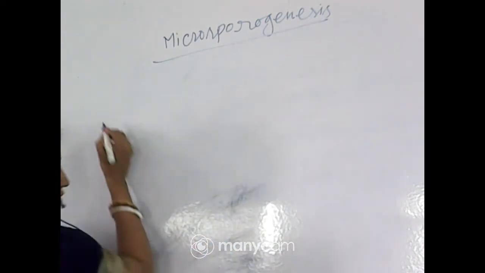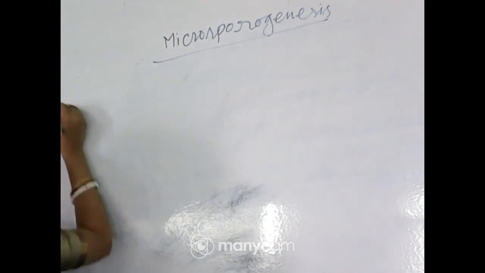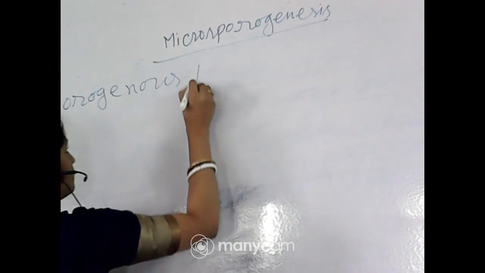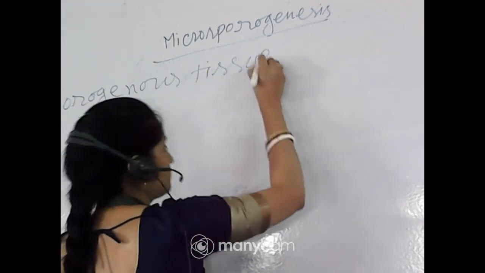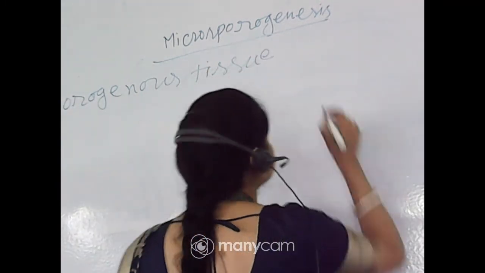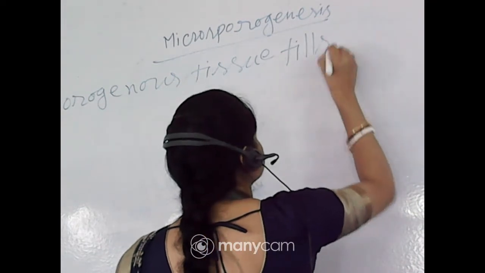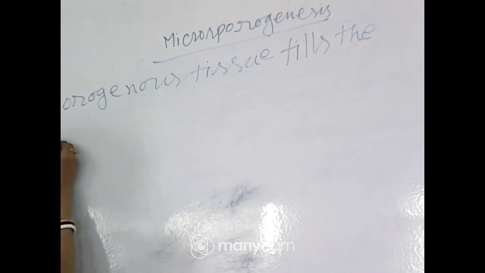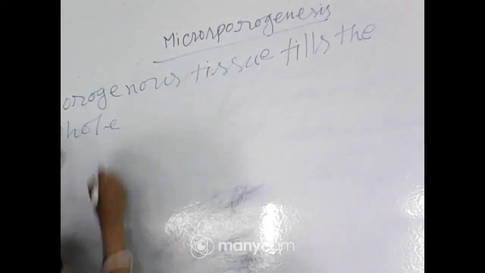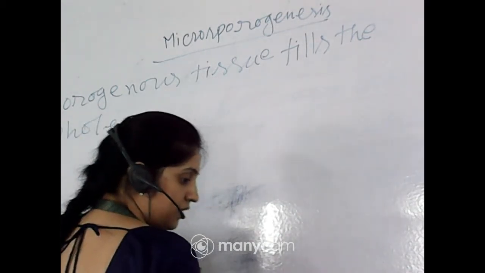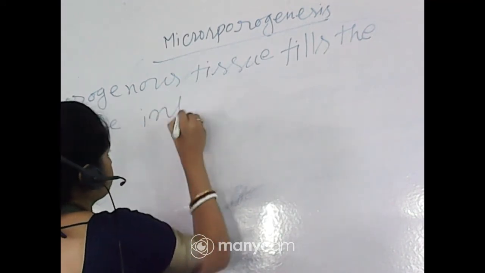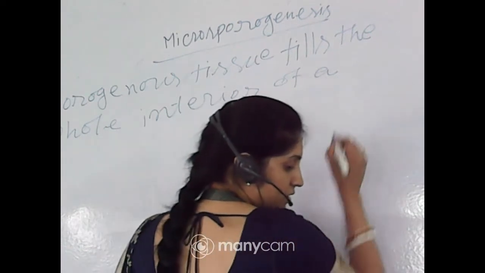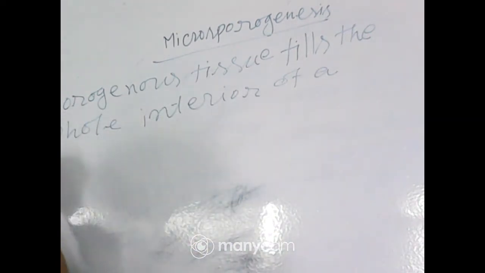Sporogenous tissue fills the whole interior of a microsporangium.